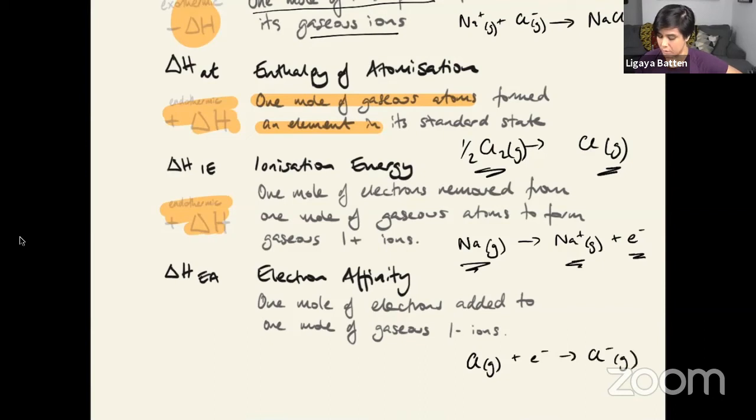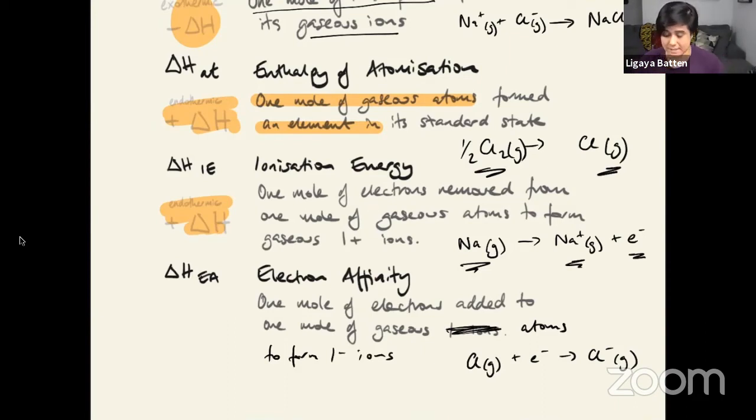I don't think I said that quite right: it's 1 mole of electrons being added to 1 mole of gaseous atoms to form 1 minus ions. That's what it's supposed to say. It's supposed to read more like the ionization energy, but basically instead of removing electrons, we're adding electrons.